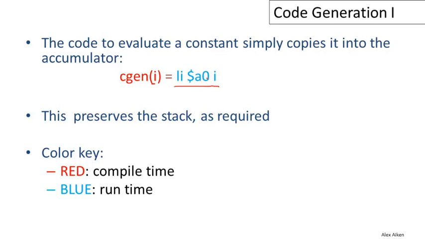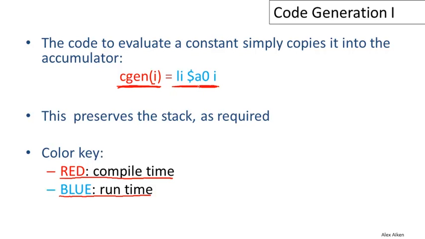Another thing I want to emphasize here is that I'm going to be following a convention that things that are in red are things that are done at compile time, and things that are in blue are things that are going to be done at runtime. So in this case, at compile time, we execute the function cgen of i, and that produces code that will run at runtime. cgen of i is something we execute at compile time, and it produces a program that will be executed at runtime.